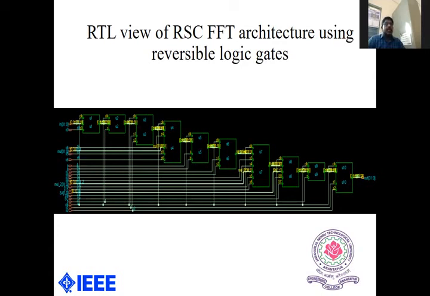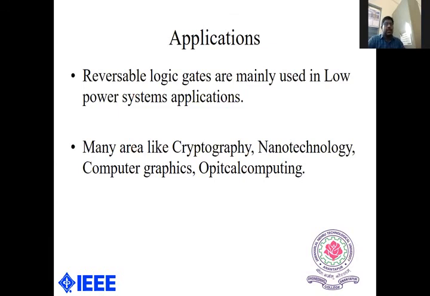So here we are replacing irreversible logic gates with reversible logic gates, and we successfully implemented it, and we also showed the amount of power consumption and the amount of area reduced with respect to irreversible logic gates.